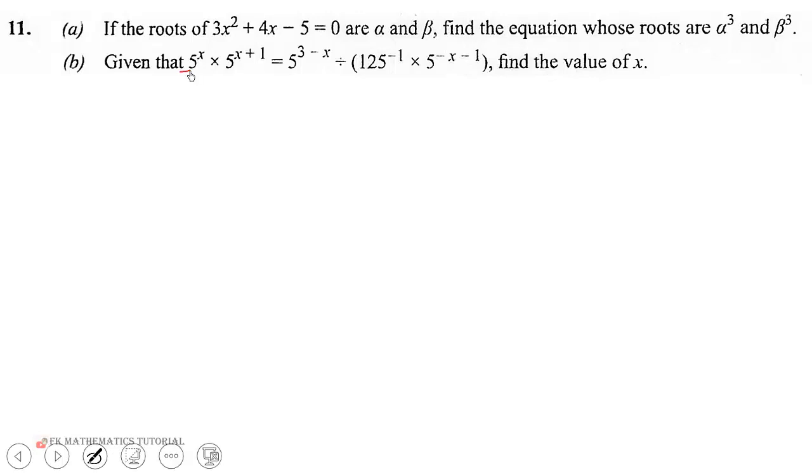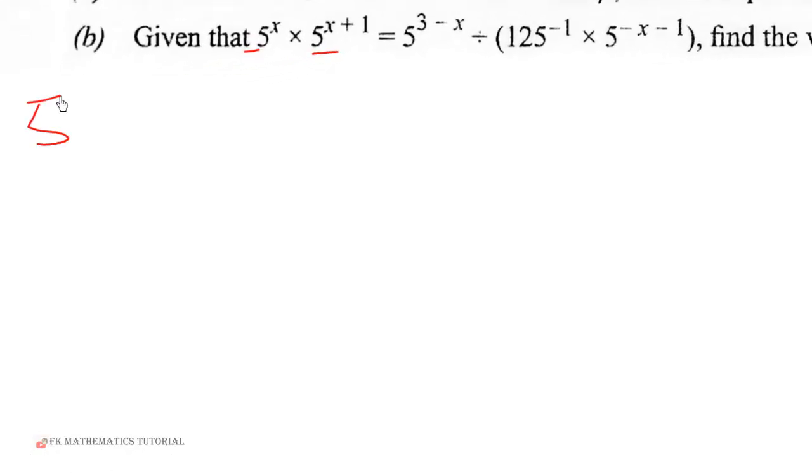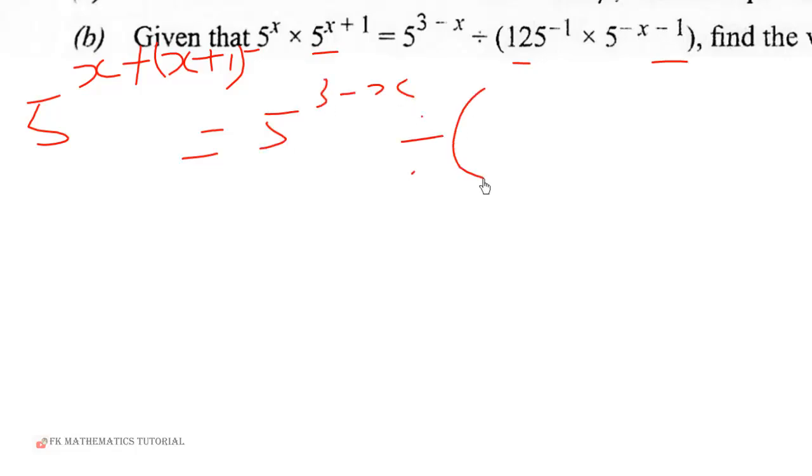So the same base, so we write down one base and add the exponents, so x plus 1 is equal to, now in the bracket we have 5 exponent 3 minus x divided by, into bracket, this one is 5 exponent negative 3, because there is a negative 1 here, so when you raise 5 exponent 3 to the negative 1, you get negative 3, then times 5 exponent negative x minus 1.